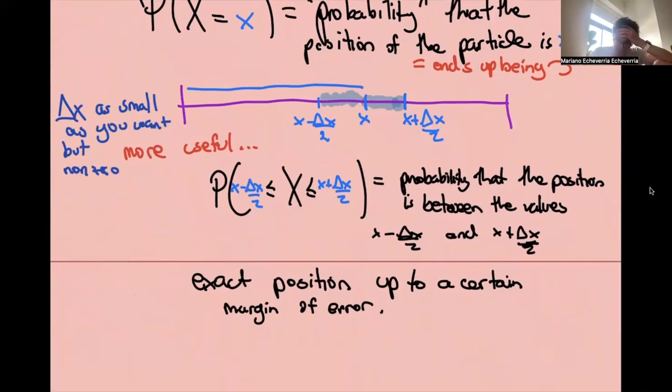What's the length of this interval? The length of this interval is delta x. So as long as delta x is non-zero, it can be anything that you want, mathematically speaking. Physically speaking, there are other philosophical questions, and there are physical limits to how much the values of a physical quantity can take, but that's a different story.